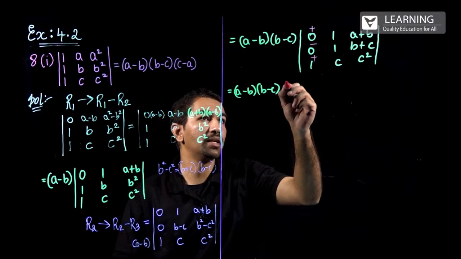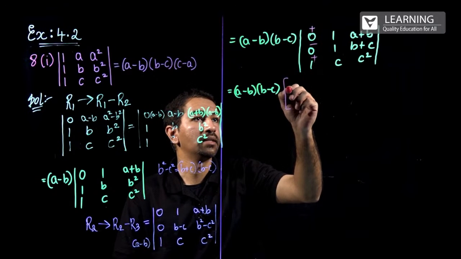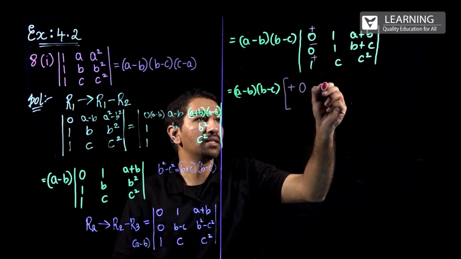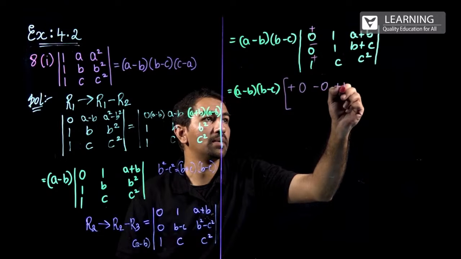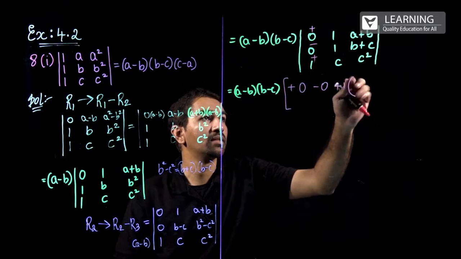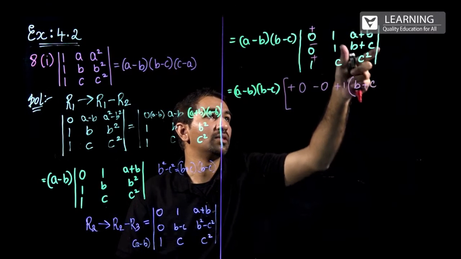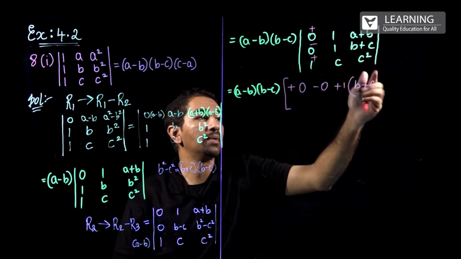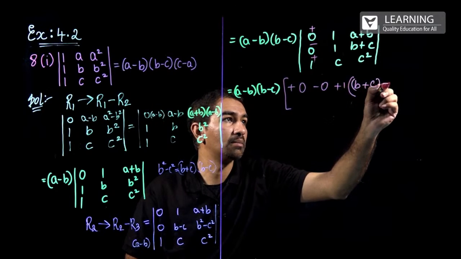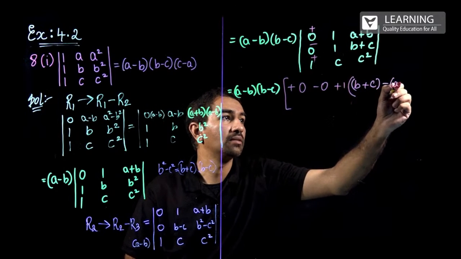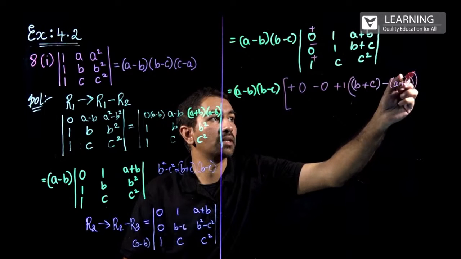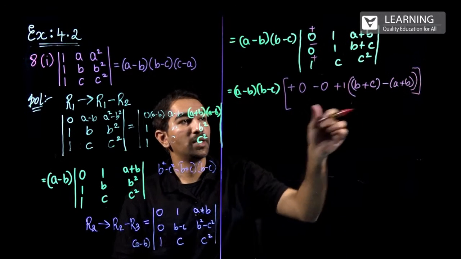So evaluate the determinant, open the bracket, plus 0, minus 0, only this is remaining, plus 1 of b plus c. So this is the determinant remaining, right? Cross multiply b plus c inside the bracket minus a plus b. Close the bracket. Evaluate this now.